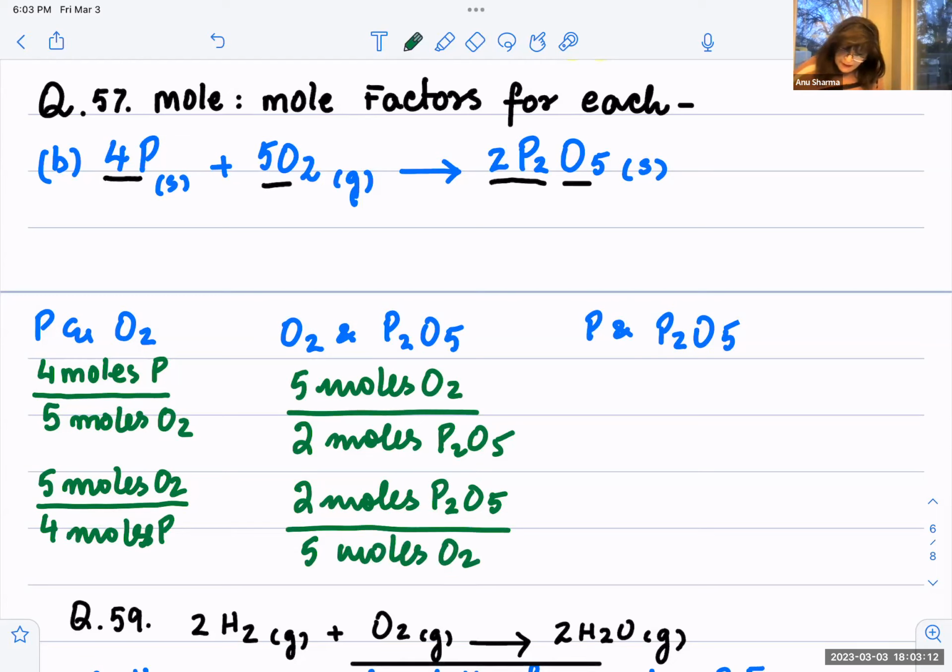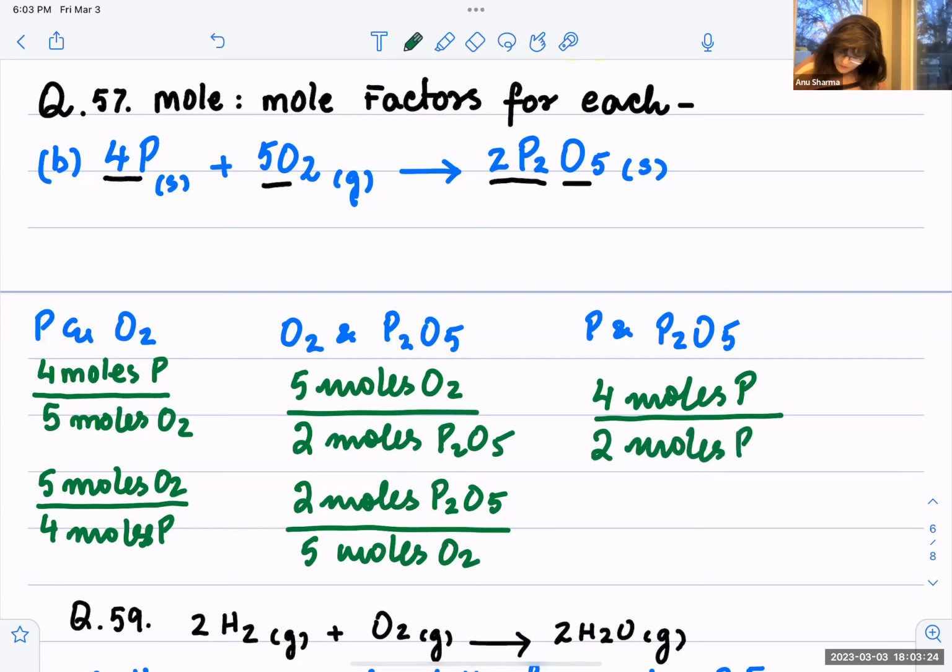Next is 4 moles of phosphorus over 2 moles of P2O5, and 2 moles of P2O5 over 4 moles of phosphorus.